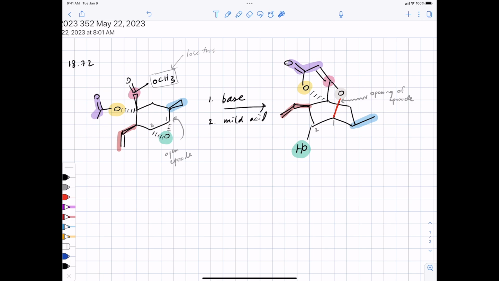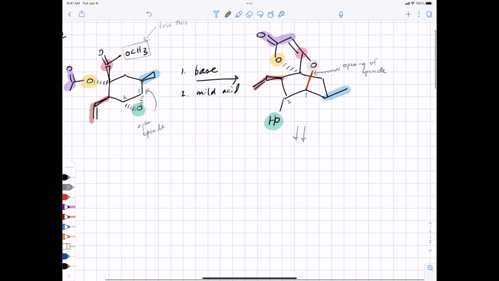In fact, it may be useful for us to think backwards strategically, since of all that we've got going on here, opening of the epoxide seems to be the clearest thing. Let's think backwards one step from epoxide opening, all right?